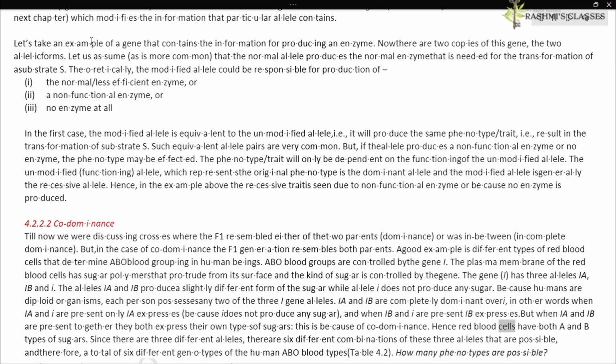Hence red blood cells have both A and B types of sugars. Since there are three different alleles, there are 6 different combinations of these three alleles that are possible, and therefore, a total of 6 different genotypes of the human ABO blood types. Table 4.2. How many phenotypes are possible?